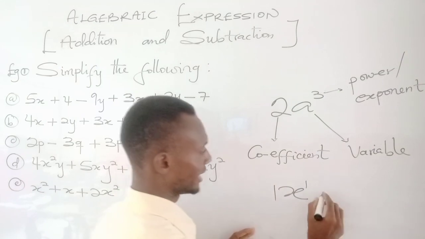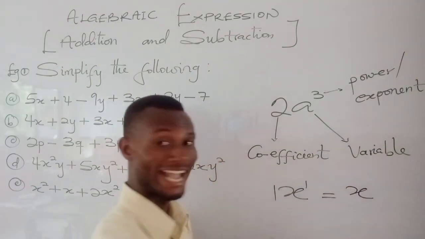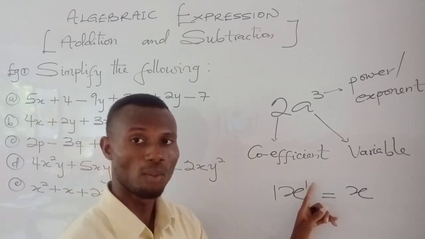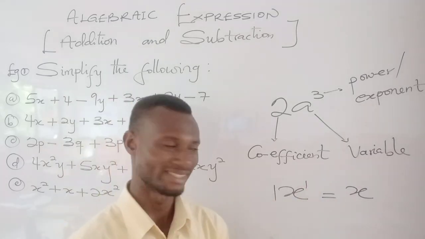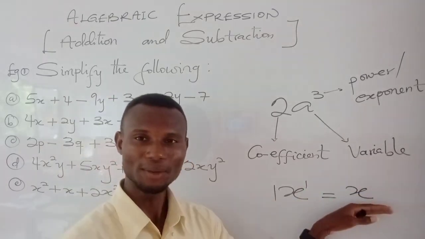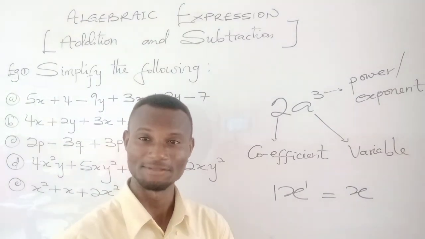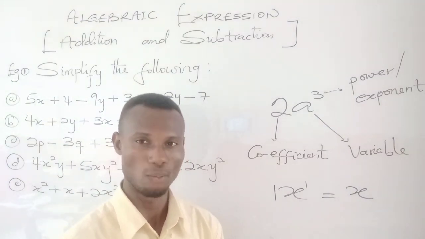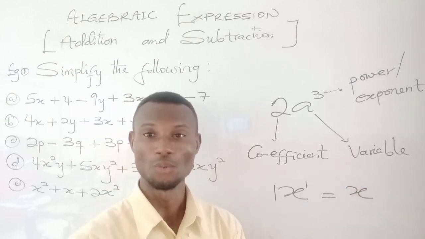Okay, so this is the same as s, because 1s to the power 1 in mathematics is the same as s, because again, I've said that when the coefficient is 1, we don't write it, and when the power is also 1, we don't write it.